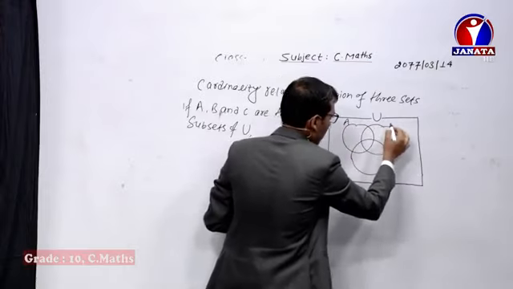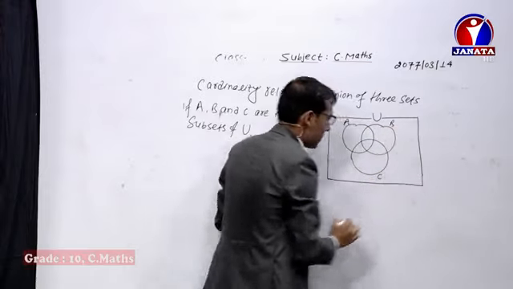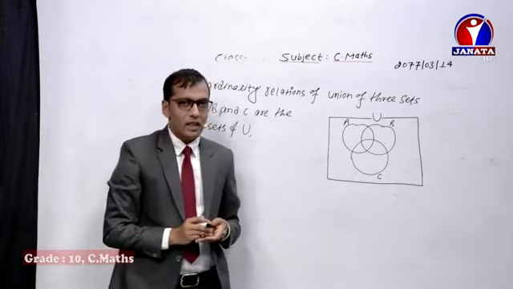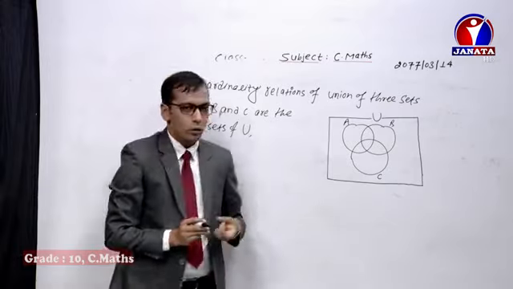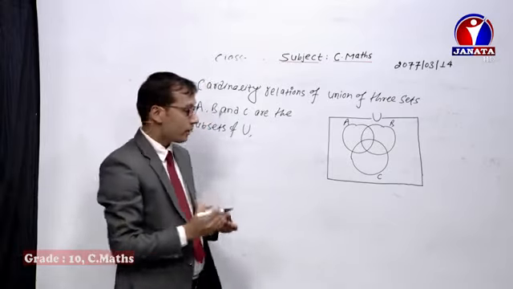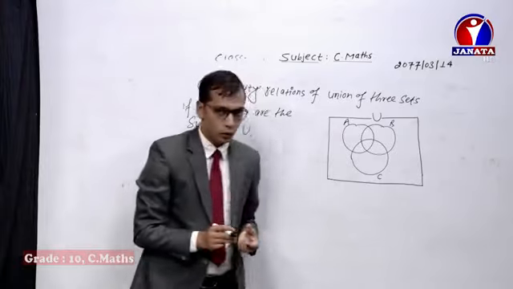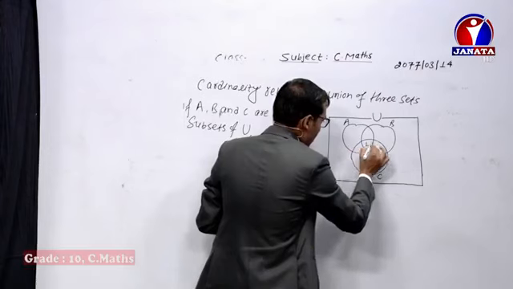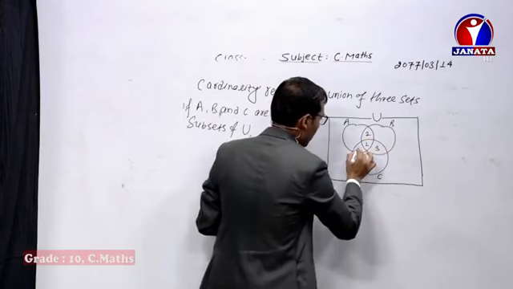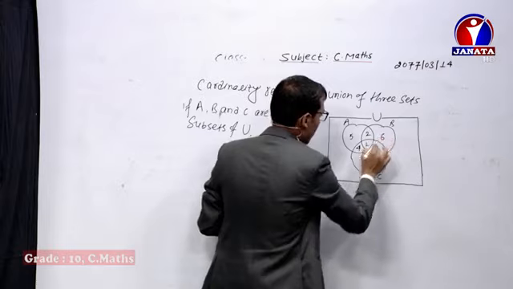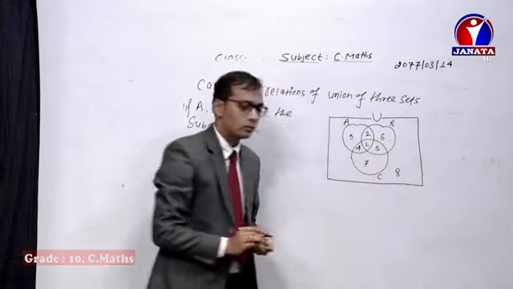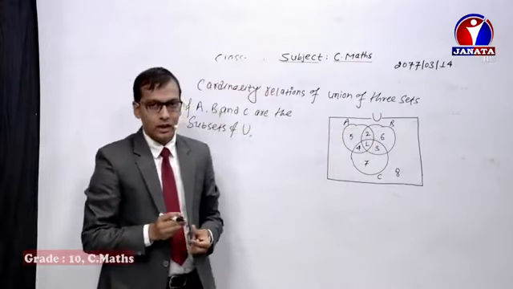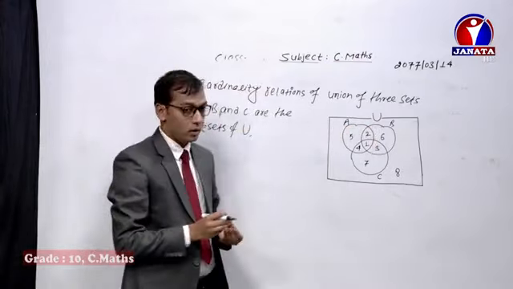Let's name them A, B and C. Now looking at this diagram, let's try to identify how many different regions are in the universal set U. If we count, suppose this is 1, 2, 3, 4, 5, 6, 7, 8. In total, in the universal set U, there are 8 different regions.